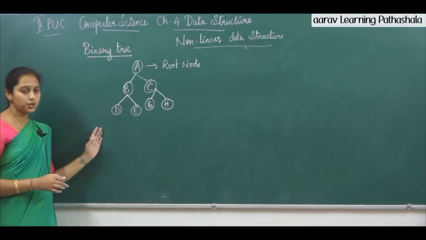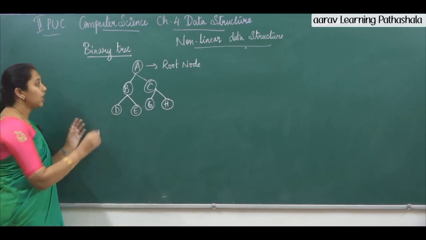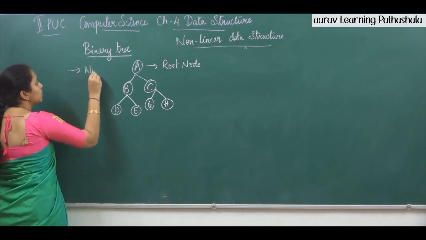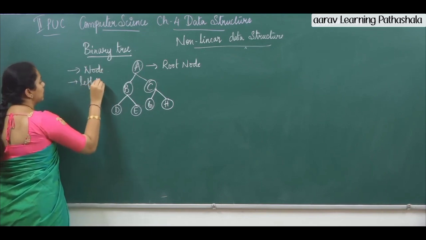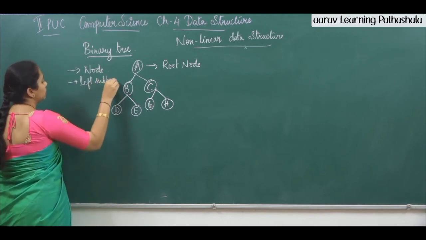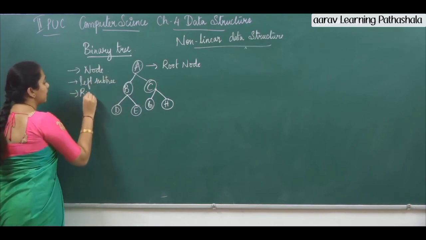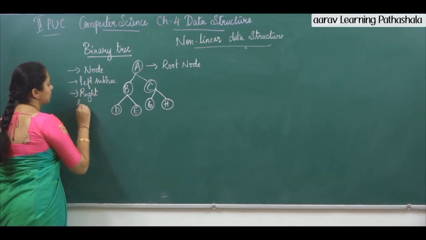So in the binary tree, it consists of a node, left subtree as well as right subtrees.